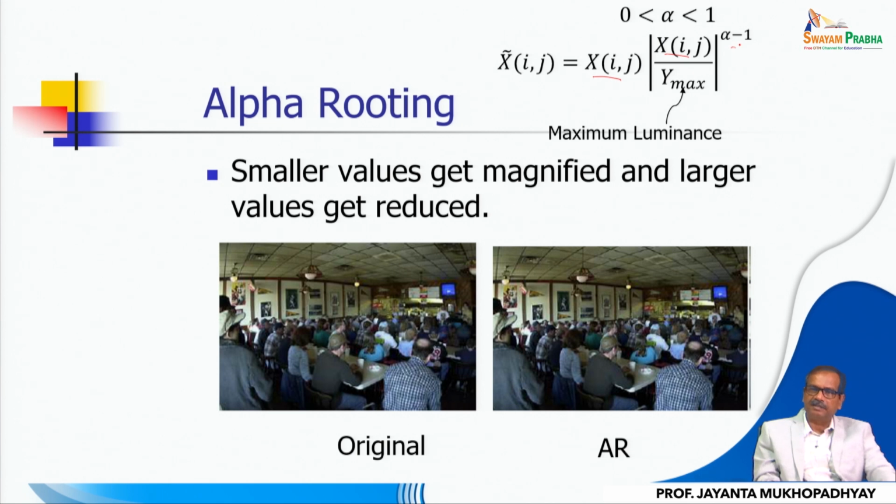We'll see later that this kind of contrast stretching with DC coefficients is used for other kinds of enhancement. The alpha rooting technique considers all the coefficients of the DCT block and modifies them, and finally the image has a certain kind of contrast enhancement.